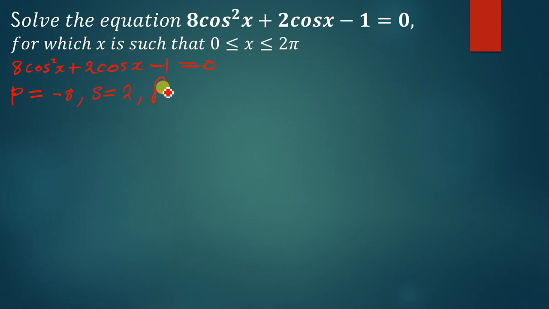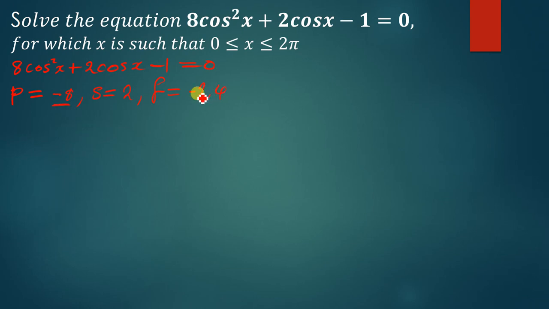So the factors that we're going to use here: we find two numbers such that if we multiply them, they will give us -8, and if we add them, they'll give us 2. These numbers are -2 and 4. When you multiply -2 and 4, you get -8.